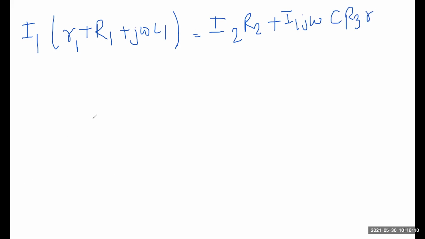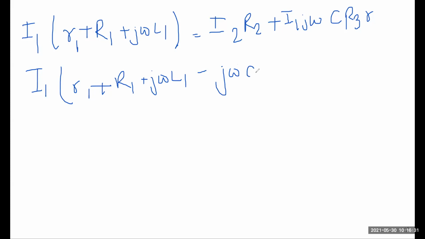Now you just solve the equation, and after solving you will get I1, bracket R1 plus r1, plus j omega L1 minus j omega C R3 small r, that will be equal to I2 R2.